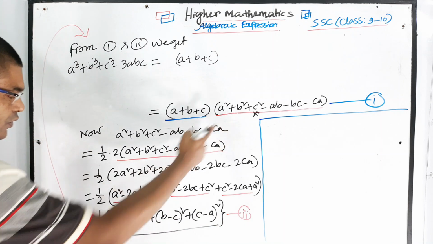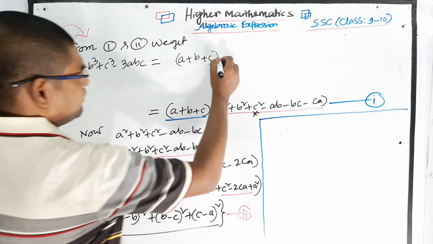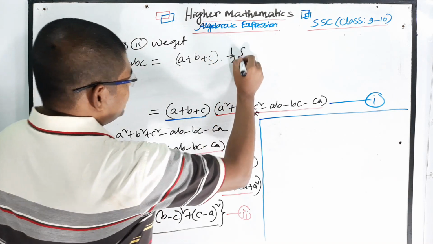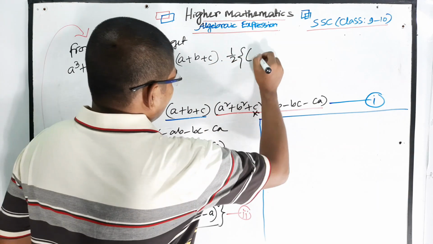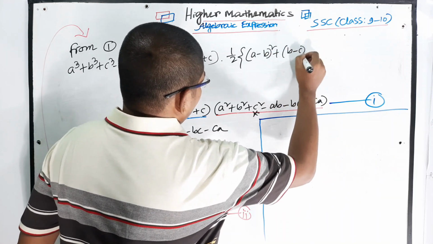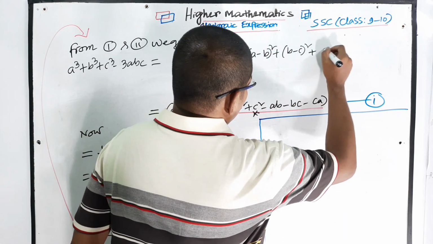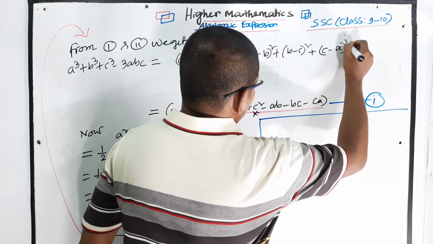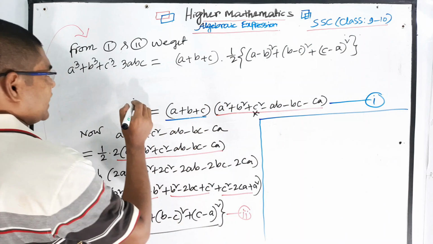So this part, we have got half into (a minus b) whole square, (b minus c) whole square, (c minus a) whole square.